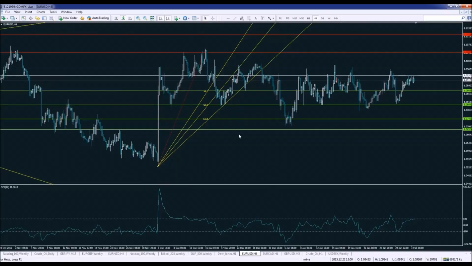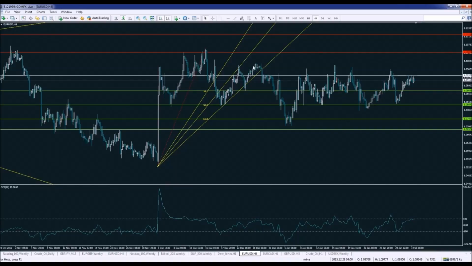Now, with this new cycle here, we need the other cycle, which starts from here and ends down here. Now, why am I choosing this one and not this one?